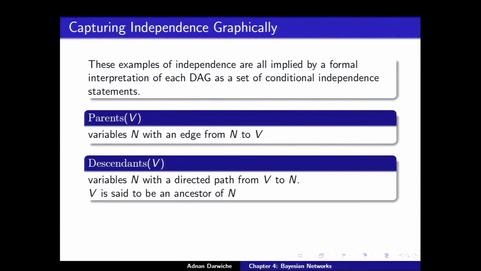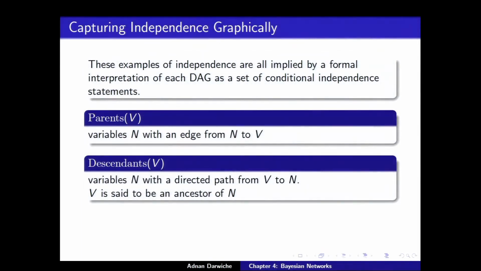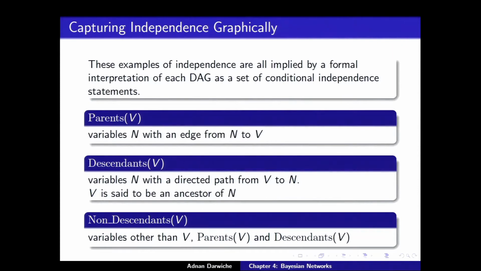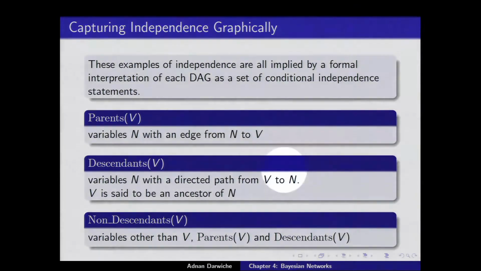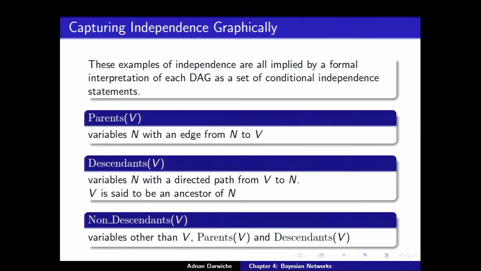The descendants of a node V are all of the nodes that can be reached from V by following a directed path. So these are variables N with a directed path from V to N. And the final thing we need is the notion of a non-descendant. We take the non-descendants of V to be variables other than V itself, its parents, and its descendants. So we need these notions.